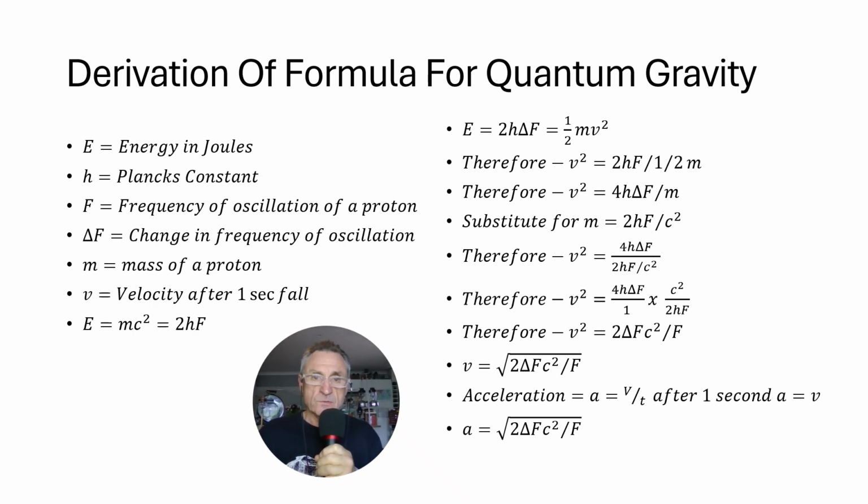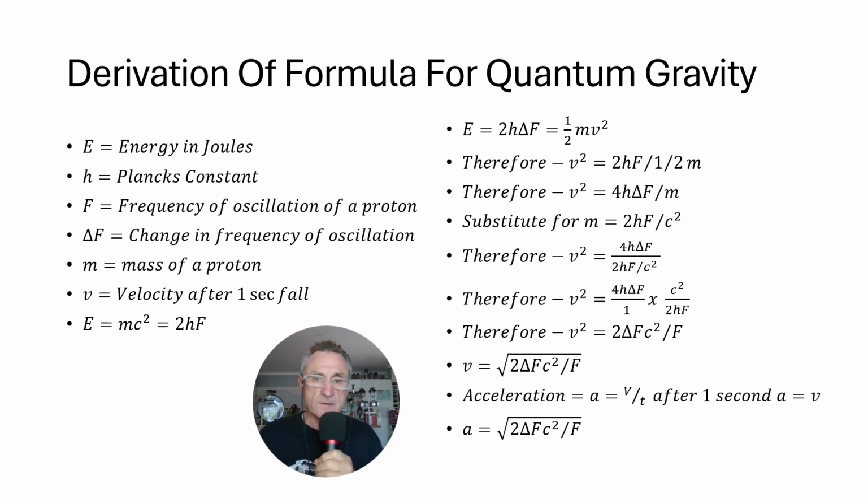Start with E is equal to 2h delta F is equal to half mv squared, the formula concluded in the previous slide. Therefore, V squared is equal to 2h delta F over half m. Multiply the numerator and denominator by 2 and we get V squared is equal to 4h delta F on m. Substitute m is equal to 2hf over c squared.